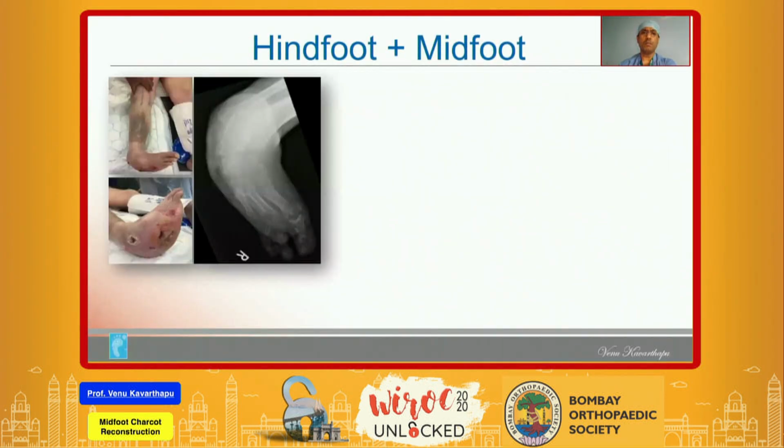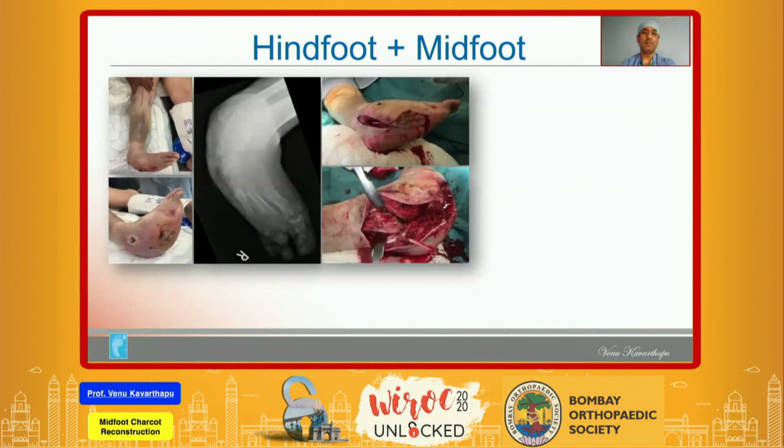So a bit more complex presentations, a combination of hindfoot plus midfoot reconstruction. One third of our procedures involved combined midfoot and hindfoot reconstructions. In this particular case example, there was marked hindfoot deformity, marked midfoot deformity with recurrent ulcerations and previous reamputations.